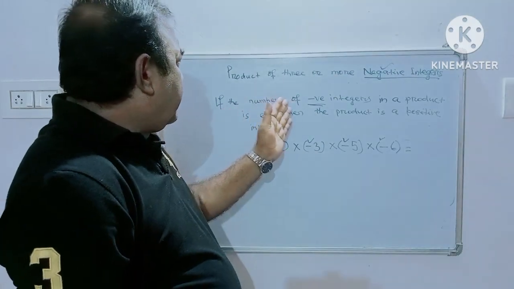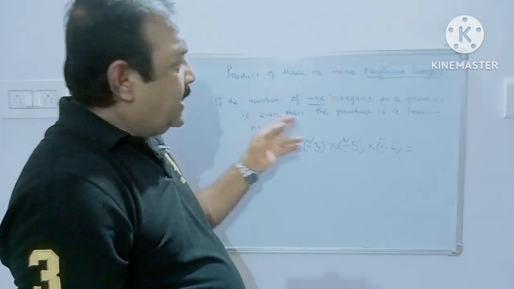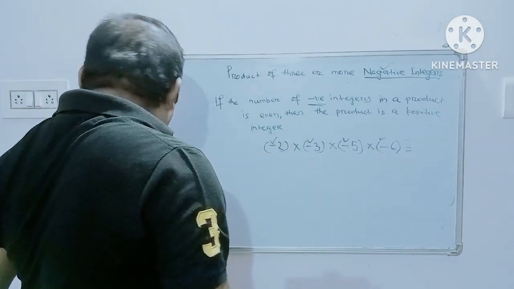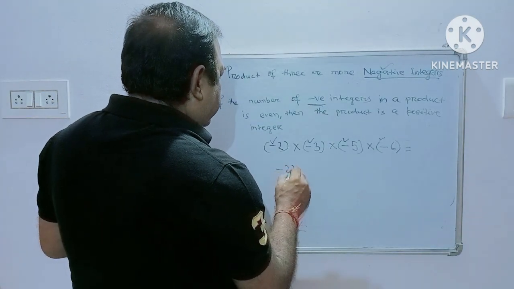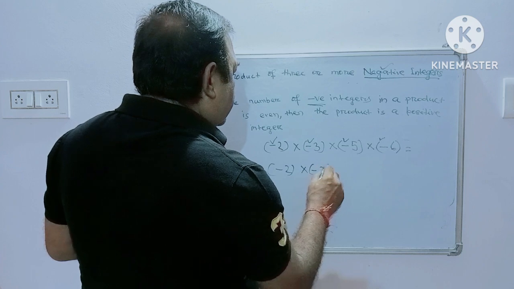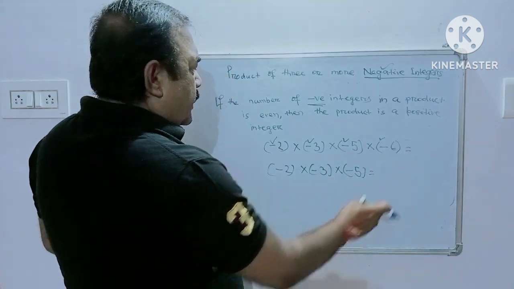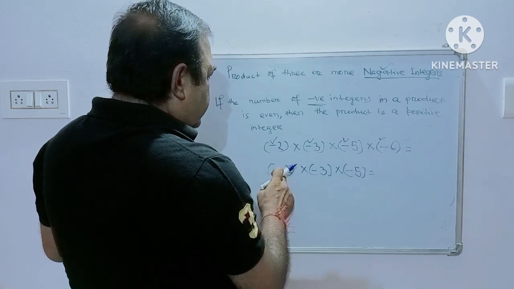And if the number of negative integers in a product is odd, definitely there will be the negative sign. Okay? Suppose like this. So here will be the numerical value of the product, but what will be the sign with it? You see 1, 2, 3.